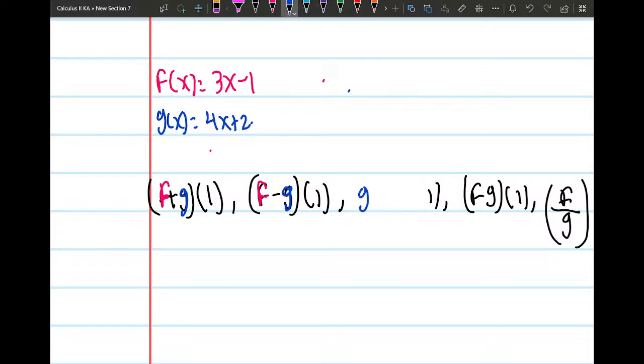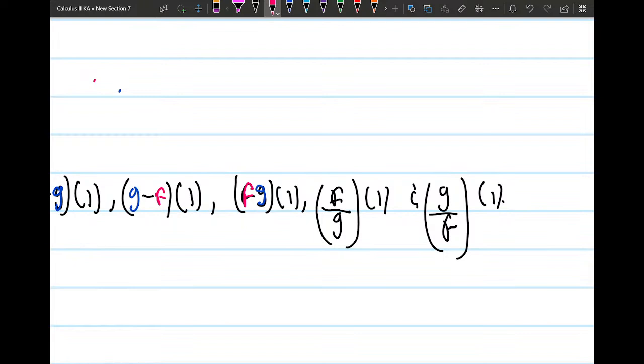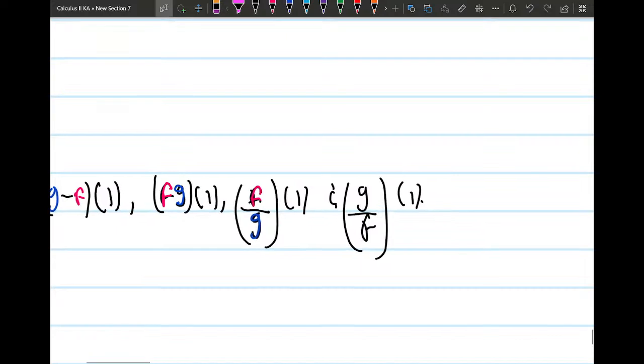Let's do g minus f of 1, fg of 1, f over g of 1, and g over f of 1. Like I said, I'm just writing down this stuff and color coding it so that you guys know what I'm doing.